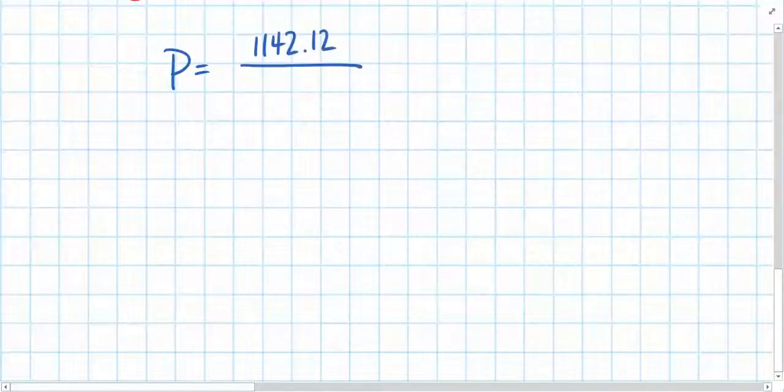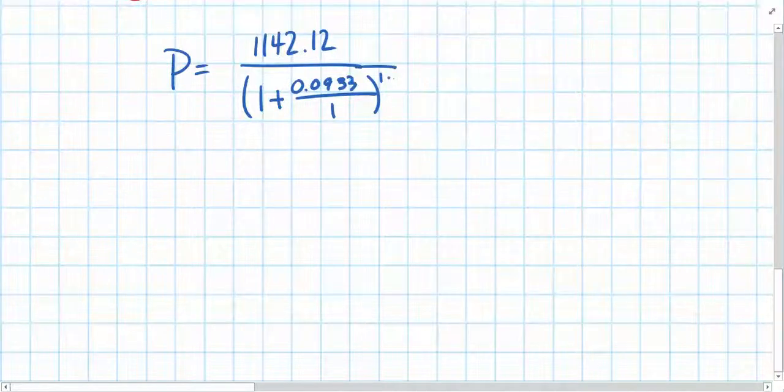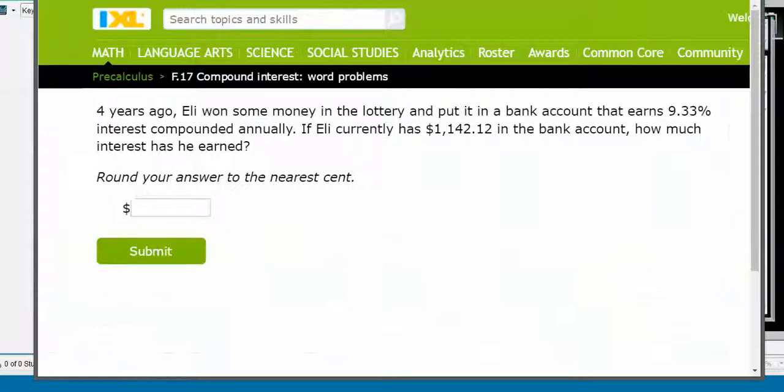So the principal, or what he started with, was our ending balance, 1142.12, divided by 1 plus our interest rate. So this was 0.0933, compounded annually, so that's only one time per year, raised to the power of 1 times t.